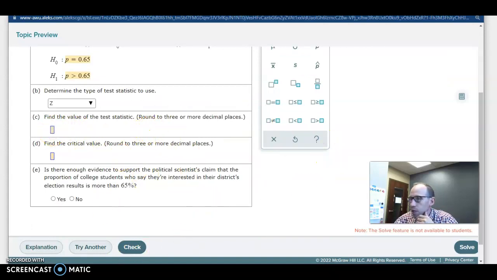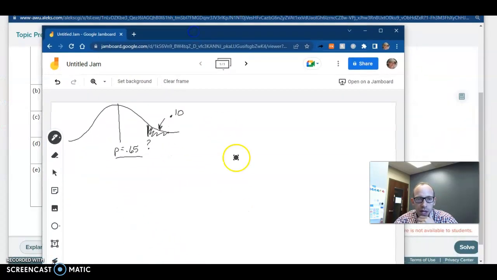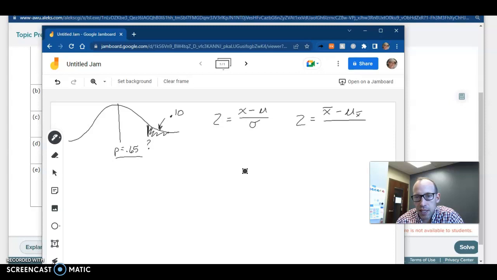So let me pull up a Jamboard here. You remember this formula that we've had quite a bit from original normal distributions, and then we started working with sample means, and it was a very similar thing.